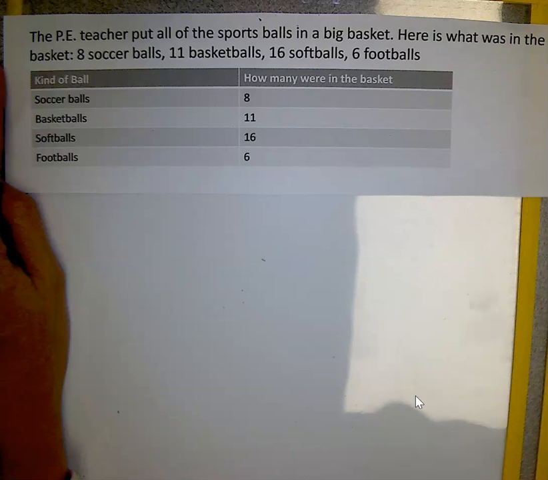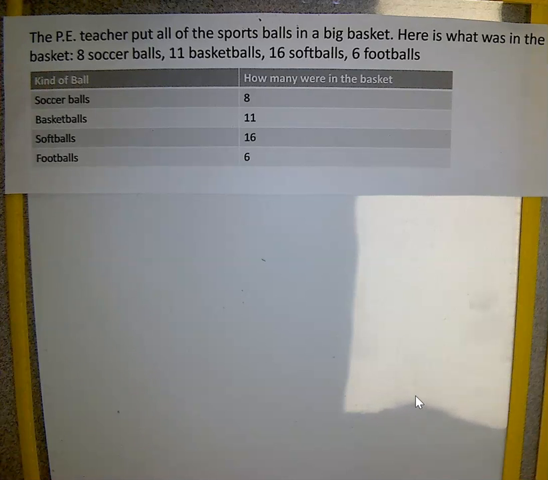The PE teacher put all of the sports ball in a big basket. Are you picturing that in your head? Here is what was in the basket. 8 soccer balls, 11 basketballs, 16 softballs, and 6 footballs.